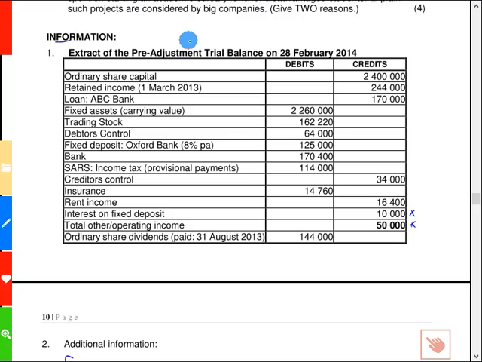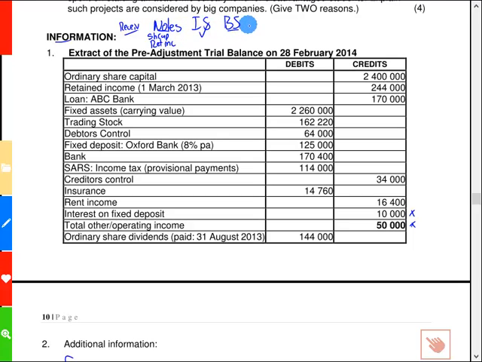Let's start with the extract of the pre-adjustment trial balance. We know we're asked to do the notes, income statement and the balance sheet. Well, we've already done the income statement, so we just need the notes, specifically the share capital one, the retained income and the trade and other receivables. So those are the notes we're looking for, and we need to do the balance sheet.